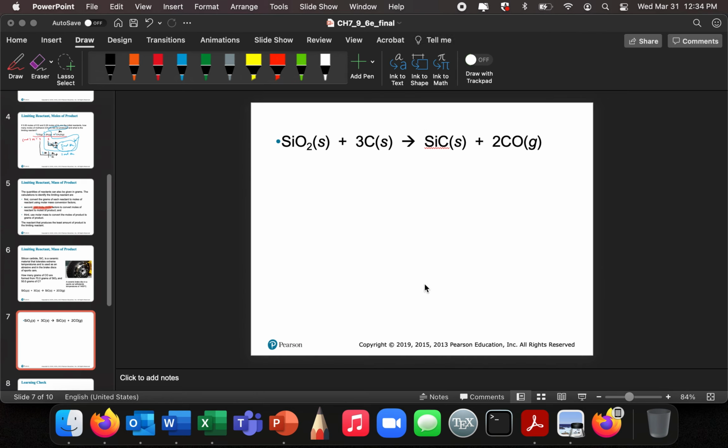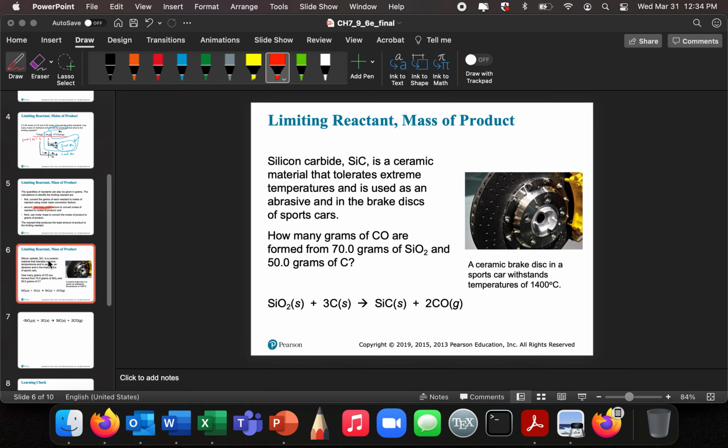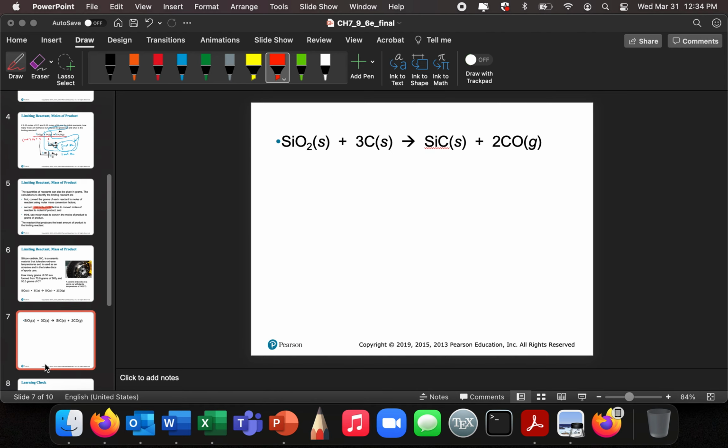All right, so let's go back to the slide and see how much we had. Looks like we had 70 grams of silicon dioxide and 50 grams of carbon. So I'm going to set my table up here.